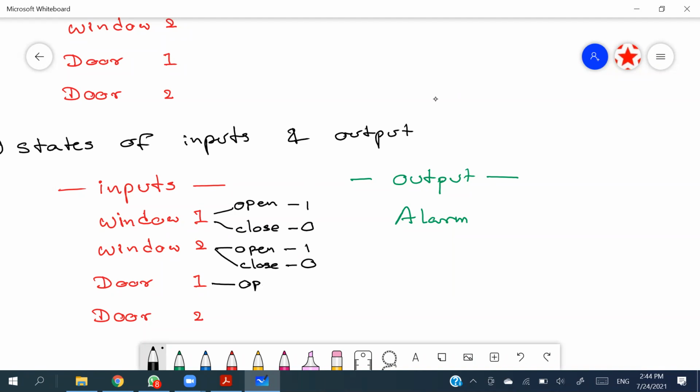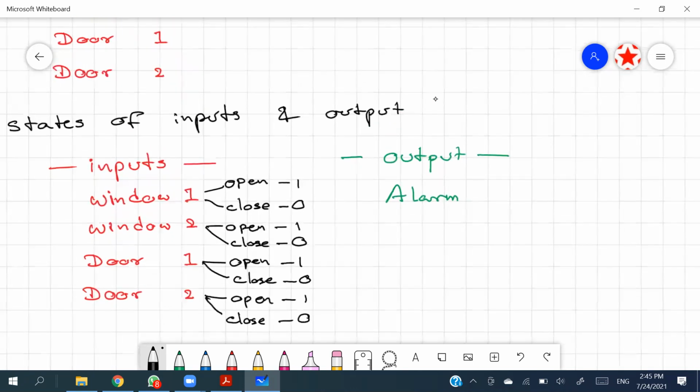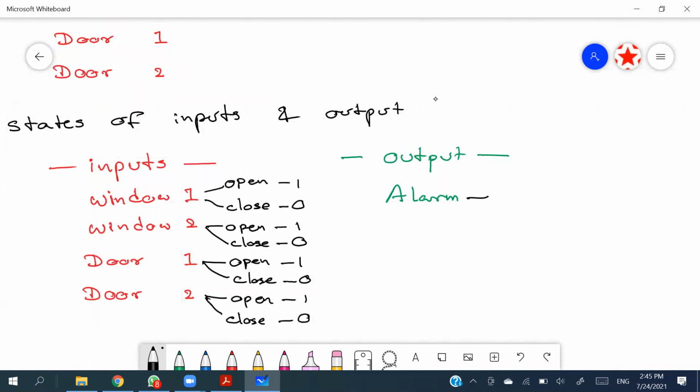Again here, if it is open, it is 1. If it is closed, it is 0. And if it is open, it is 1. If it is closed, it is 0. And when it comes to the alarm, what we are doing is, it is buzzing.